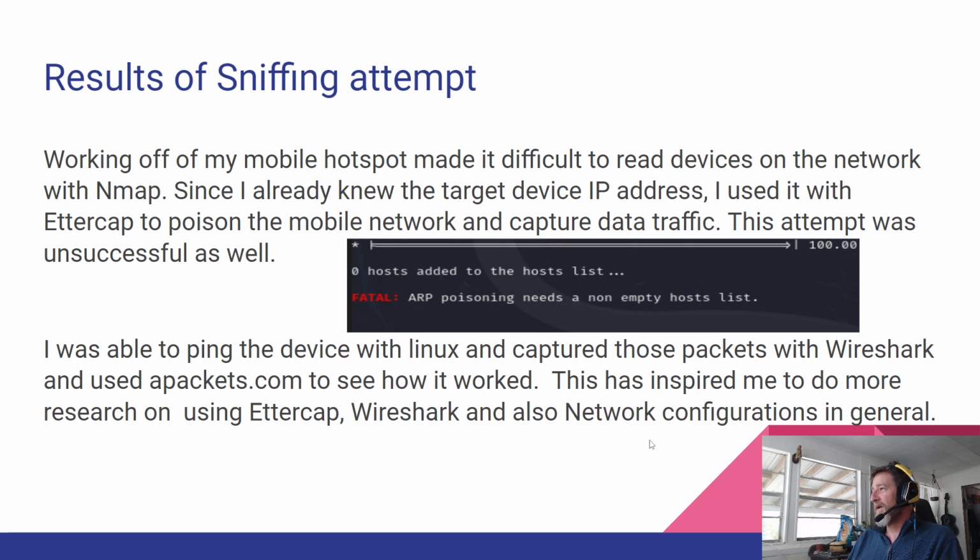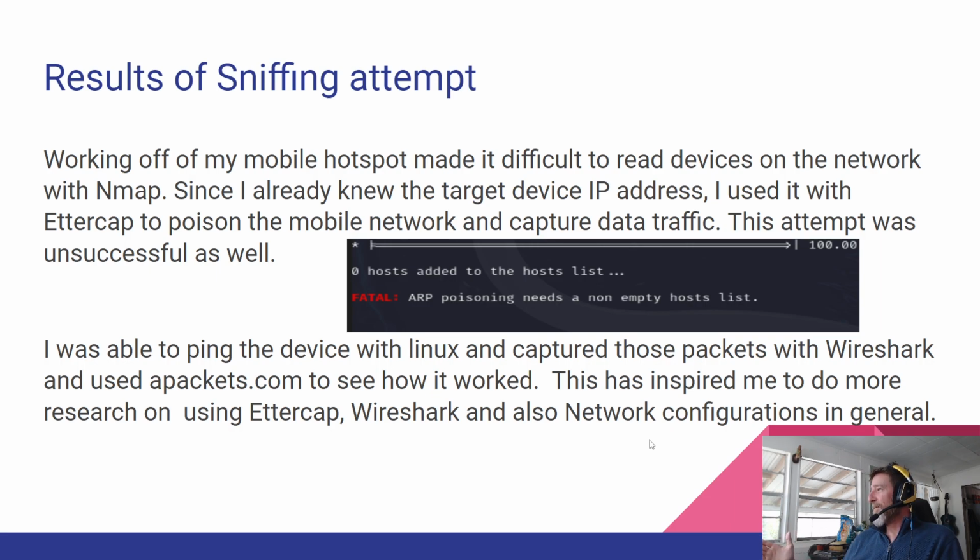A lot of this was unsuccessful, but it was very successful in teaching, I think, and spurring you to learn more. I think some of it was working off the mobile hotspot, which made it a little bit challenging. But I already knew the target IP address, so I used it with Ettercap to poison the mobile network and capture the data traffic.